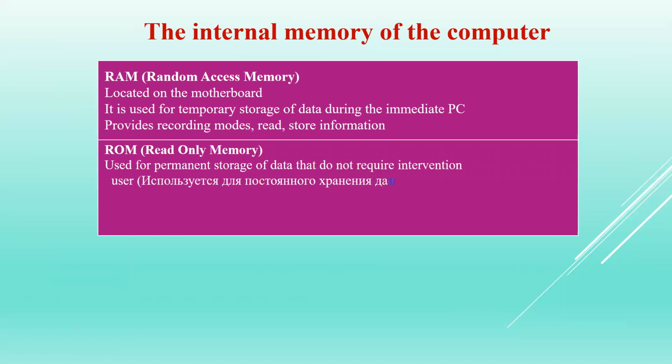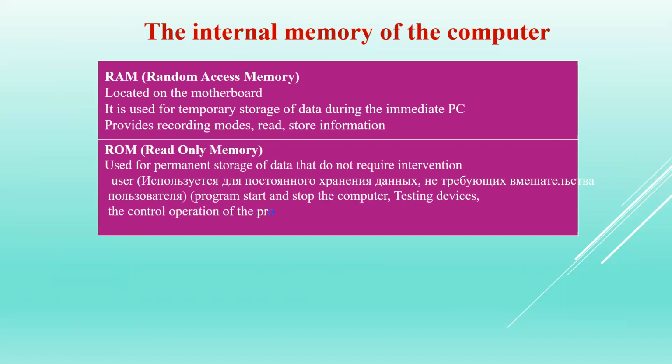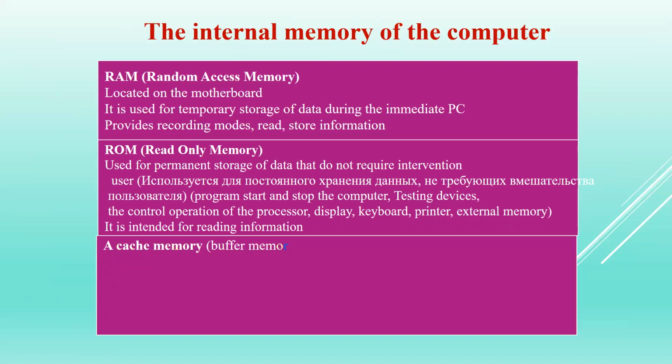And the next one is our ROM, read-only memory, used for permanent storage of data that doesn't require intervention. Here, the program starts and stops the computer, tests devices, and controls the operation of the processor, display, keyboard, printer, and external memory. It's intended for reading information.